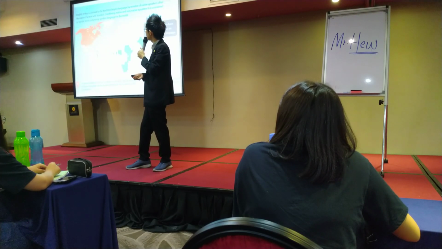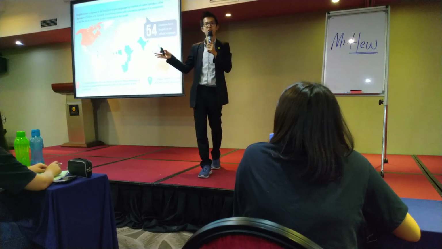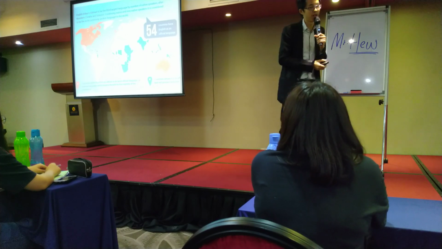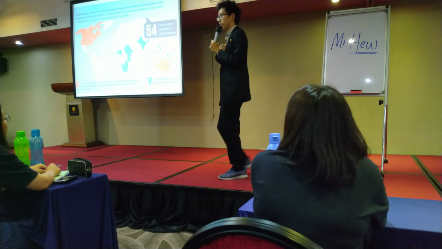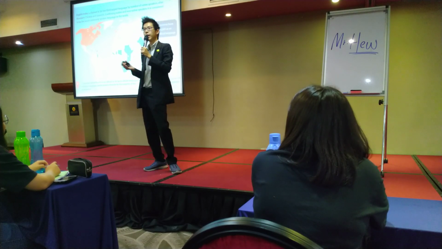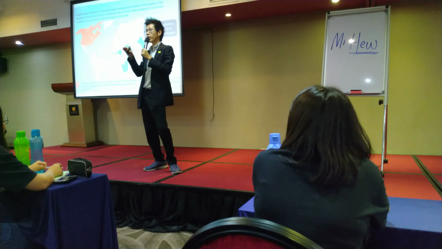For information, there are 54 countries using English as their national language. For our country, what is our national language? Malay, right? That's why we learn a lot of Malay back in secondary school, and in college, we are focusing on English.